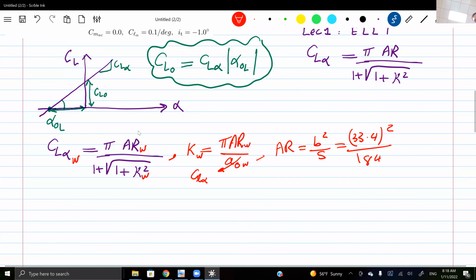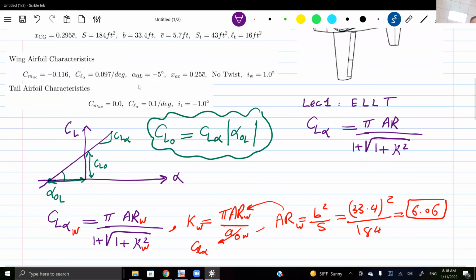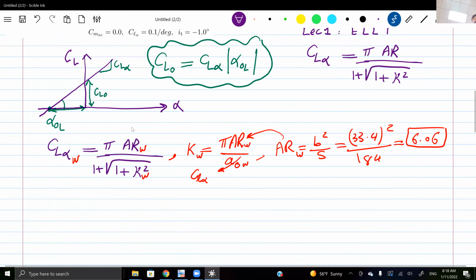So the aspect ratio of the wing is 6.06. I plug it here, and I have the CL alpha two-dimensional, 0.097.